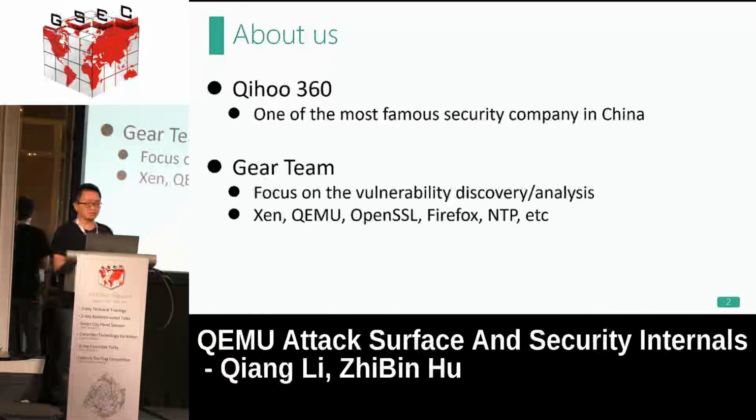First, this is a brief introduction about our company. Qihoo 360 is one of the most famous security companies in China. And our team is focused on vulnerability discovery and analysis. We mostly focus on core software, for example, virtualization, kernel, browser, NTP, OpenSSL, and so on.